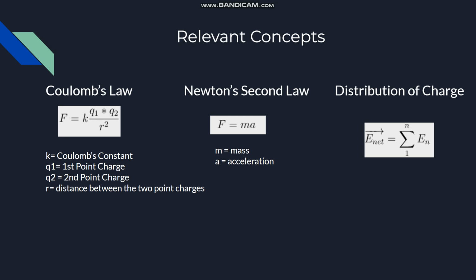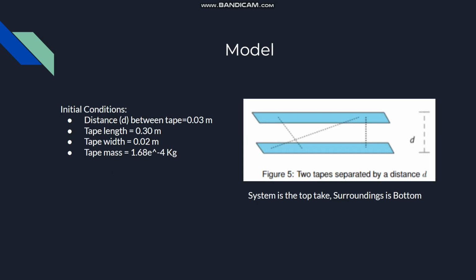And then the third one, which will be used more in this experiment, is the superposition of charges, which basically says your net electric field equals the sum of all your electric fields. And that's going to be useful because since we have multiple charges, we're going to have numerous electric fields, and we're going to have to add them all together to get the net field.